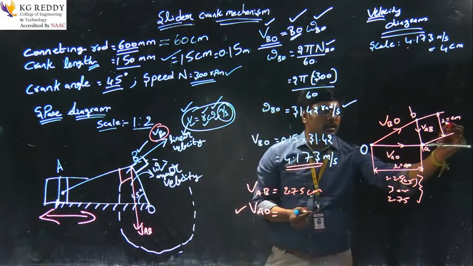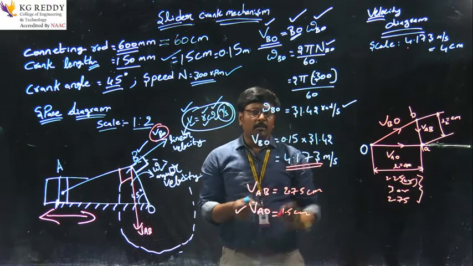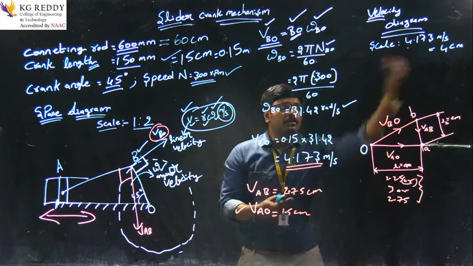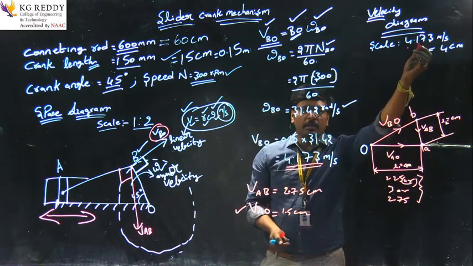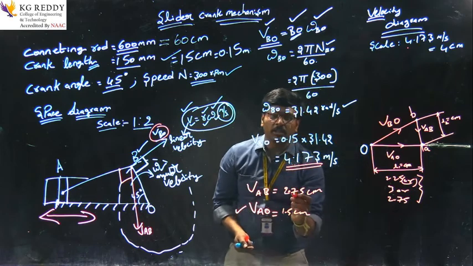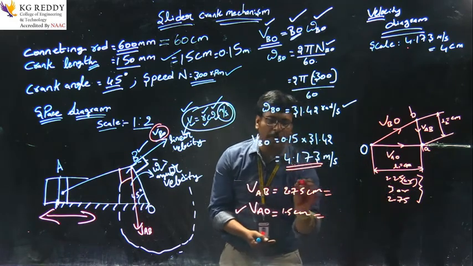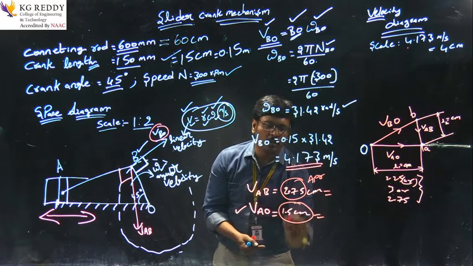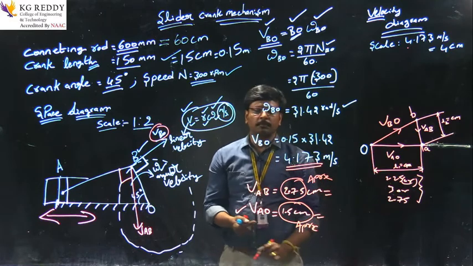If we get 1.5 centimeters, then we can convert into meter per second. How? 4 centimeters is 4.17 meter per second, so for 2.7 centimeters, how many meter per second? It is an approximate value, guys. While drawing this, you will get the exact value.